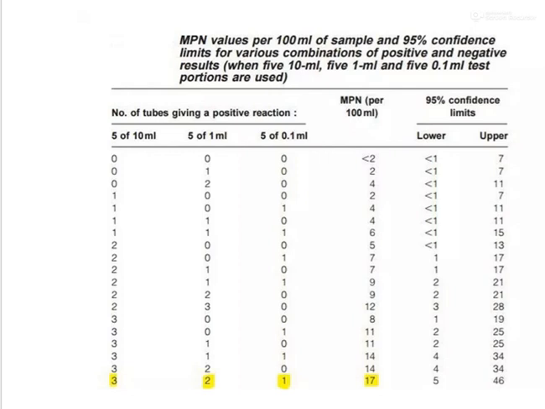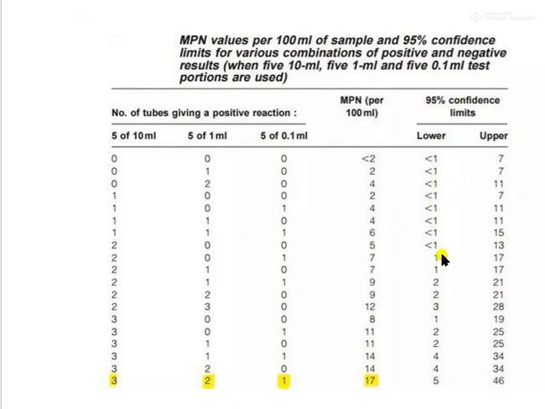Once you get the presence of gas or not, using a standard MPN chart, you can find out the number of coliforms present. Now, among the first 5 tubes of 10 ml, if 2 are positive, among the next 5 of 1 ml, 0 are positive, and in 5 of 0.1 ml, 1 is positive, it is 2-0-1, then the MPN per 100 ml is 5.